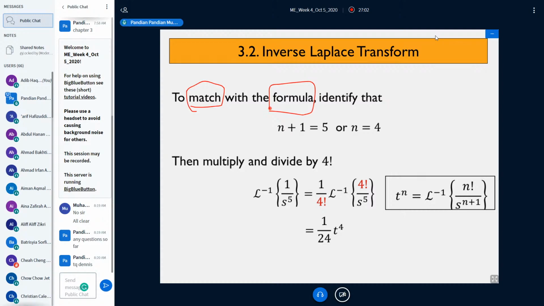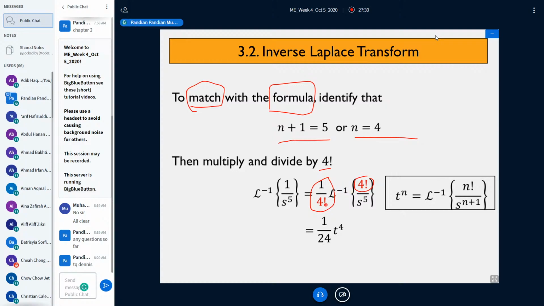The formula says n plus 1 is 5, so n is 4. When you substitute n as 4, for inverse Laplace of s power 5, you must have 4 factorial here according to the formula. That's why you multiply and divide by 4 factorial. You put 4 factorial here, and you must divide by 4 factorial so that it is balanced.